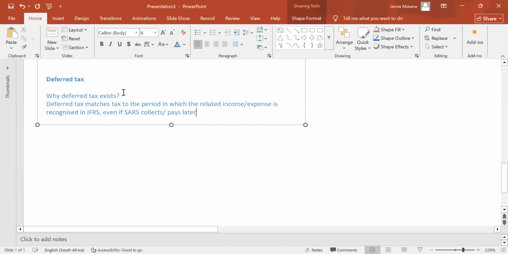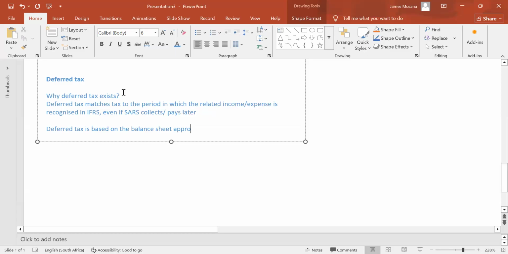Now, if we go into context, deferred tax is based on the balance sheet approach in most cases, and that's the most practical one that you'll be using in 90% of the cases, right?